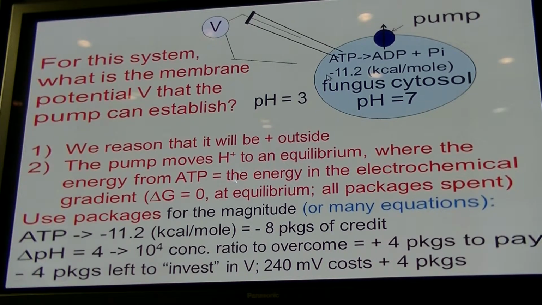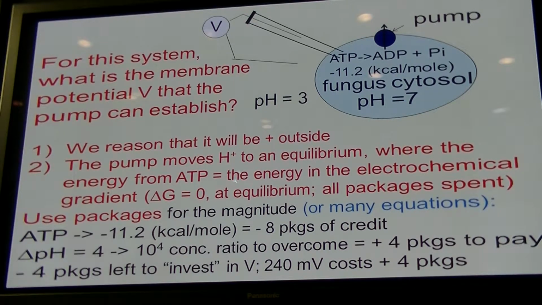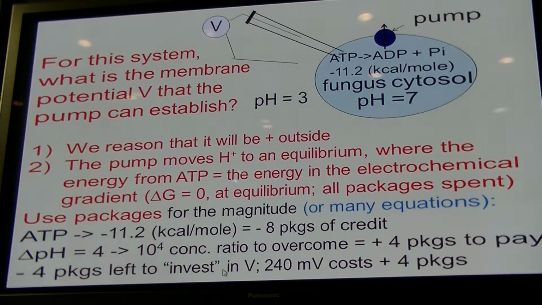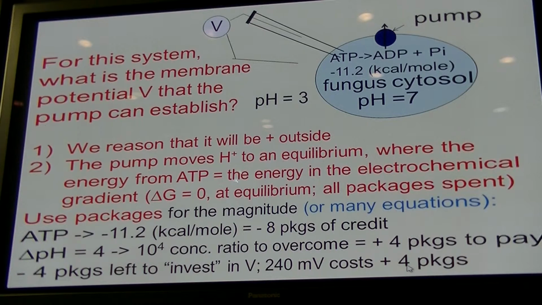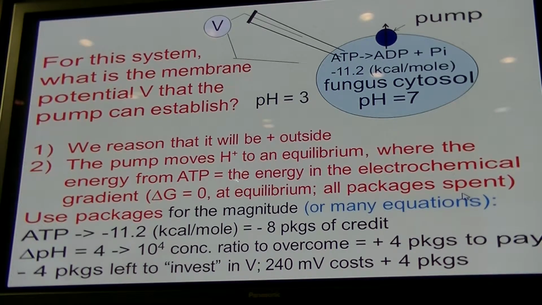So we had negative 8 credit from ATP. We have plus 4 packages to pay to get our proton against concentration. We are left with negative 4 packages of credit in the bank that we can spend. So that means we can invest plus 4 packages to pay for membrane potential.